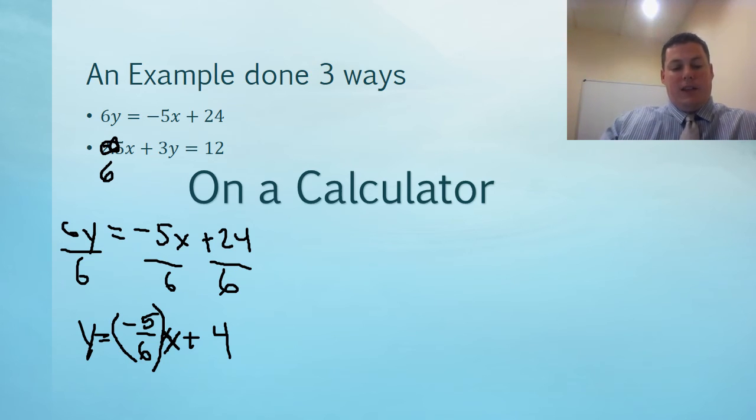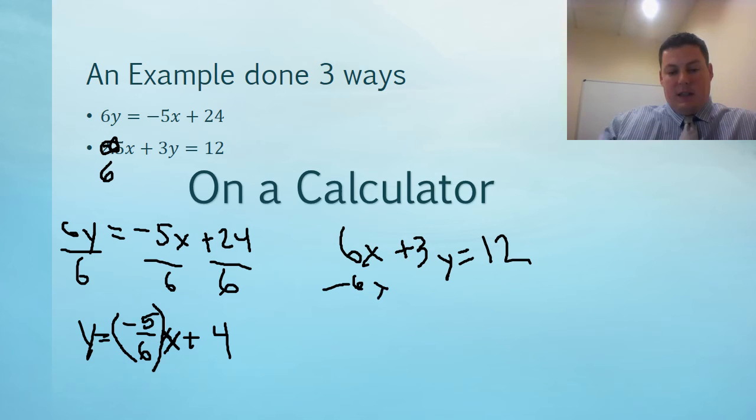I have to let the calculator know that negative 5/6 represents one number. So I want to always put parentheses around my fractions when I can. And then we have our other equation, which is 6x plus 3y equals 12. First I want to subtract 6x from both sides.